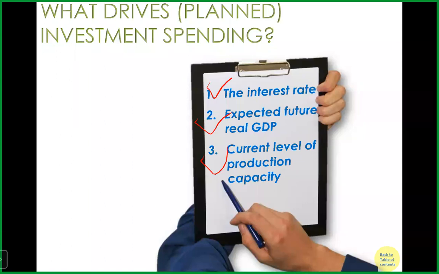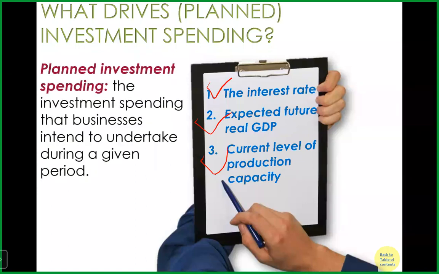So those things matter to investment, okay? And particularly, this matters to planned investment spending. It's like, what are you going to plan, and what are you going to invest given the current situation, right?